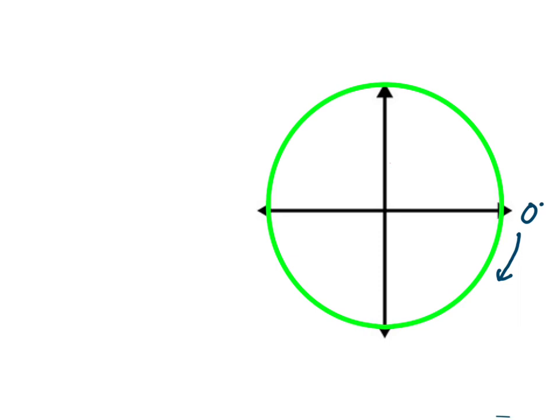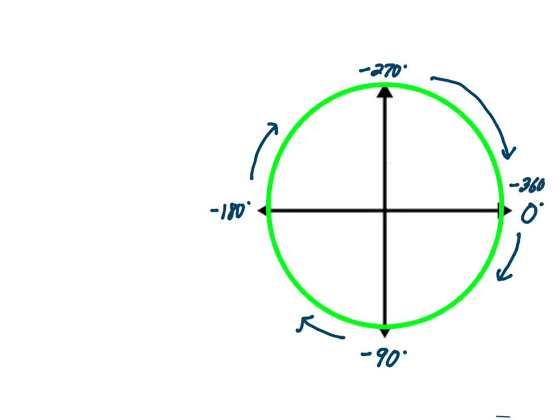So I'm going to go 90 degrees clockwise, but this is down here, negative 90. And if I go another 90 degrees clockwise, I'm at negative 180. Going another 90 degrees clockwise, I'm at negative 270 degrees. And coming back to the beginning, I'm at negative 360 degrees.